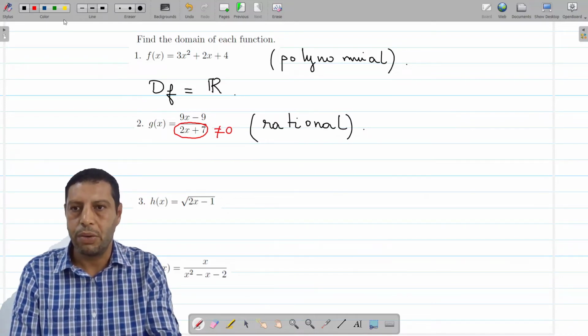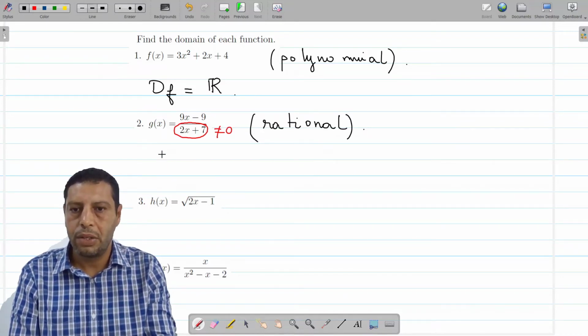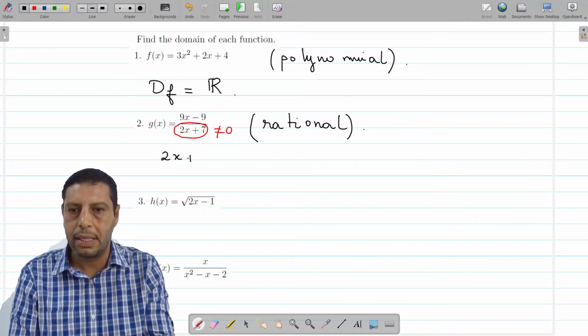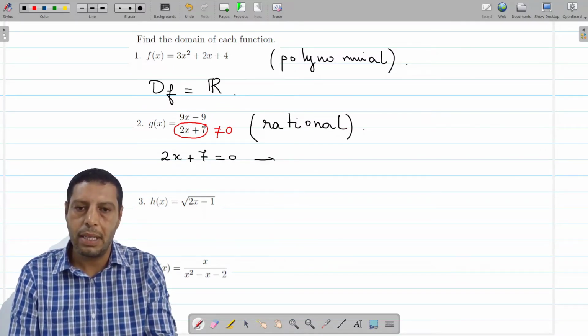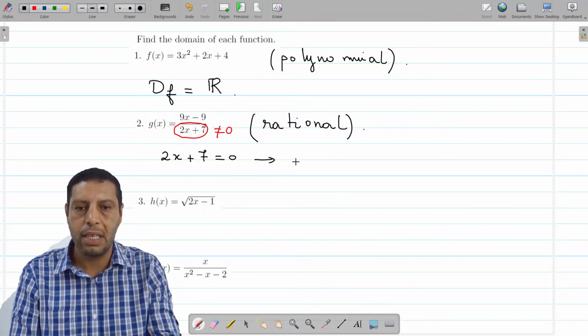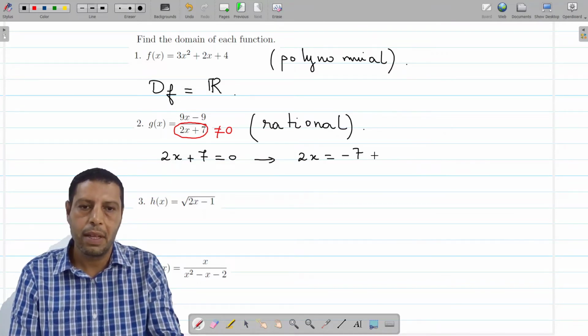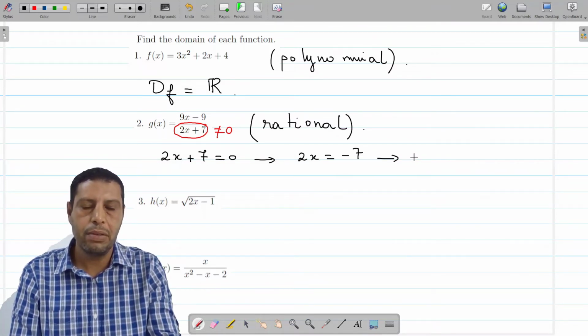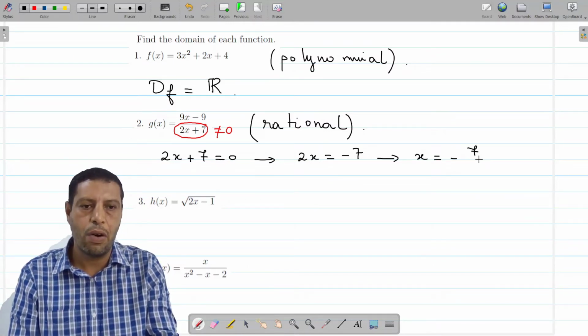So we're going to solve 2x plus 7 equals 0. By moving the 7 to the right-hand side, we obtain 2x equals negative 7. We divide by 2 on both sides, and we obtain x equals negative 7 over 2.